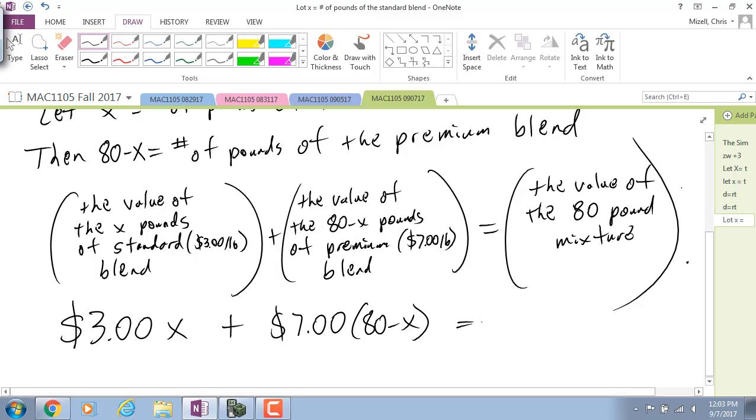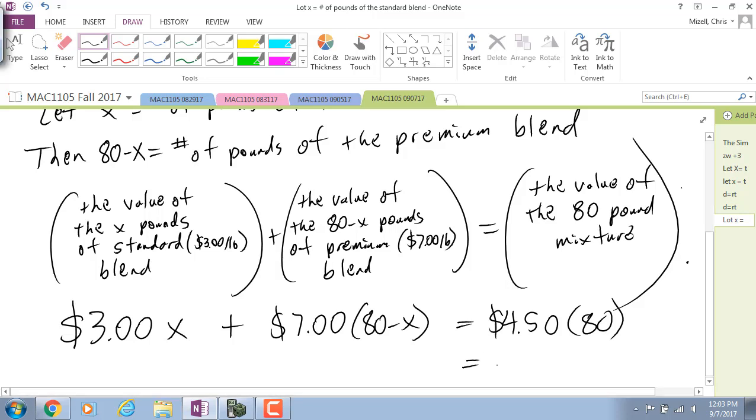We're planning to charge $4.50 a pound for the mixture. If we charge $4.50 a pound, and there are 80 pounds of that mixture, the total value we can calculate directly by multiplying $4.50 by 80.